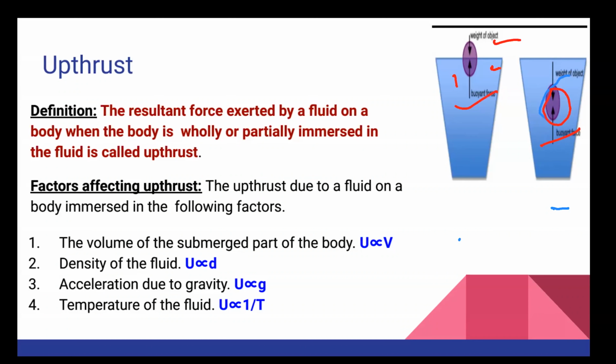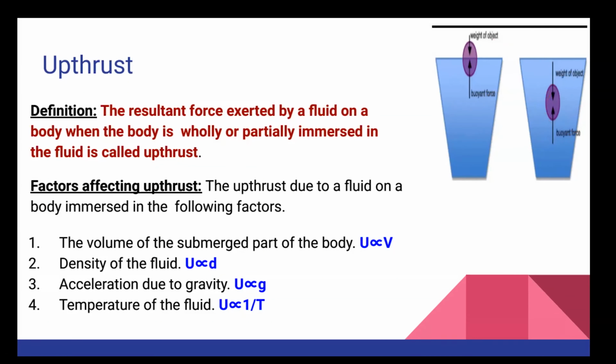In this case, the portion immersed inside the liquid is responsible for producing upthrust. So according to how a body is immersed inside the liquid, its submerged portion is the factor that produces upthrust.